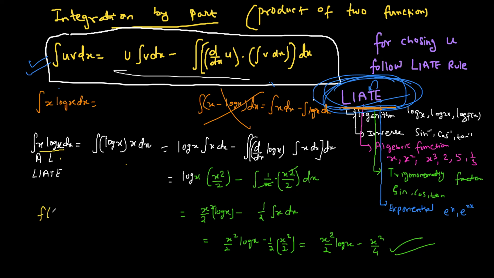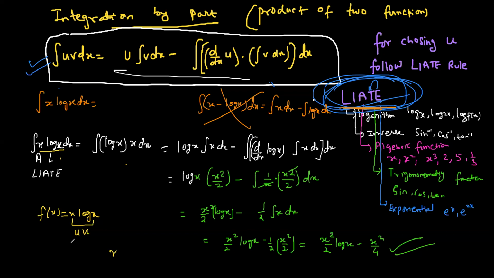Suppose this is a function, but it is a product of two functions. One function is u and the second function is v. The function may be of any type: product form, division form, power form.